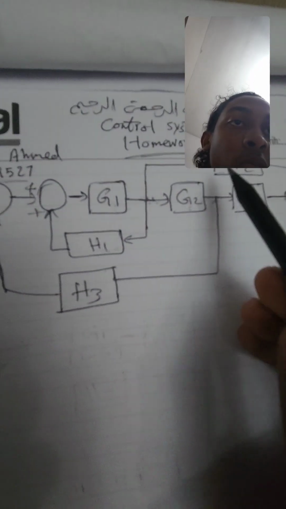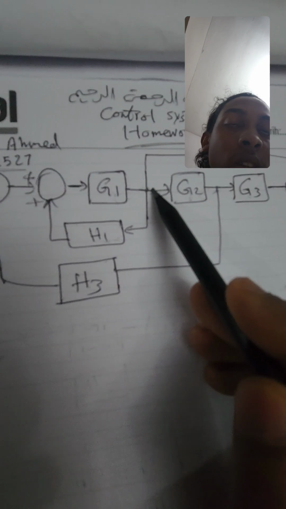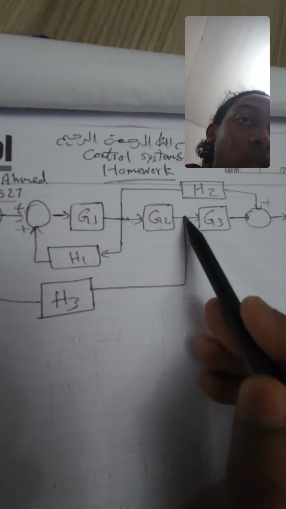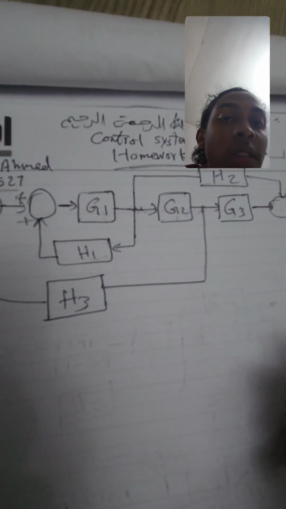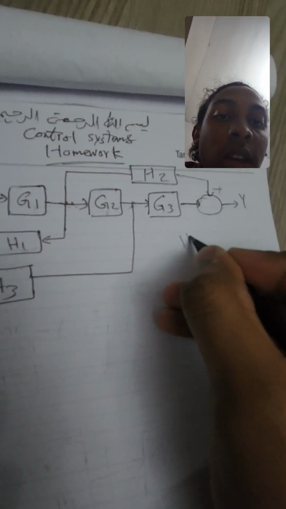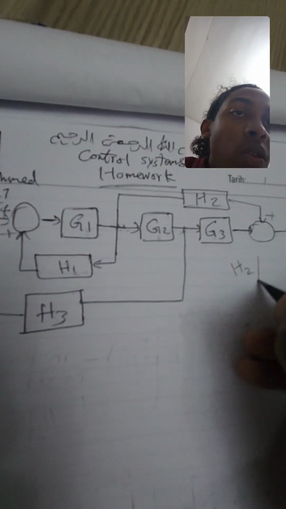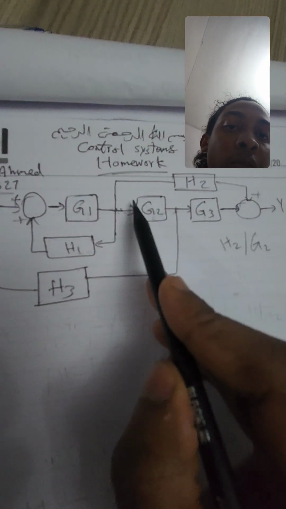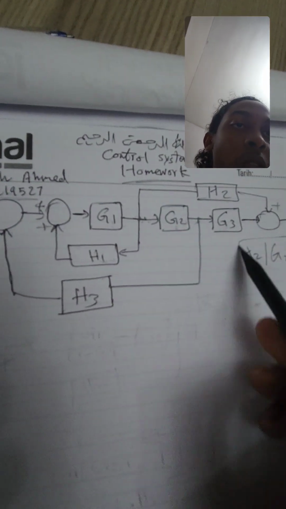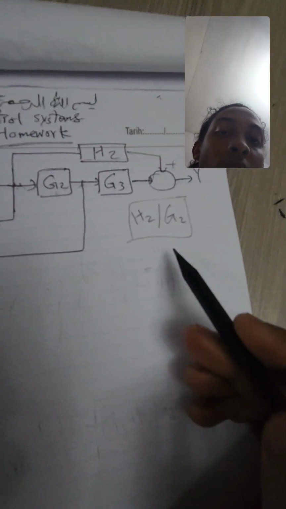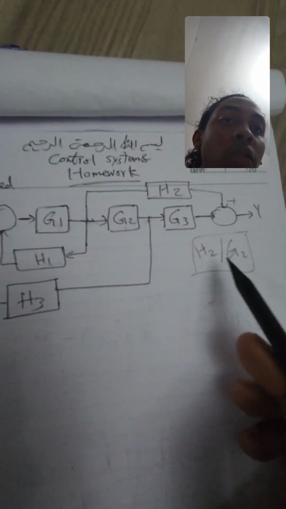So first of all, let's move this branch here, H2, to here, and the formula for that is H2 over G2. So it's going to be moved from here to here with this new value, H2 over G2.